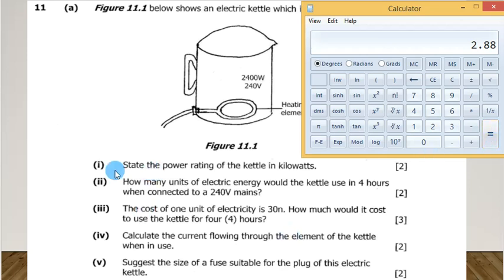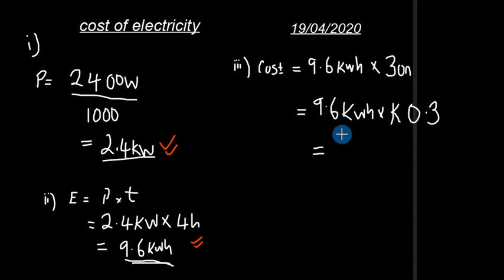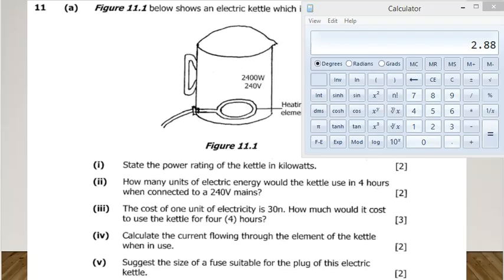We have our answer in kwachas. So the cost is kwacha 2. What did we get? 0.88. So it simply means the total cost is 2 kwacha 88 ngwe.